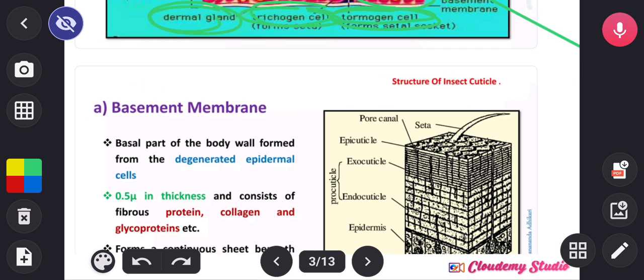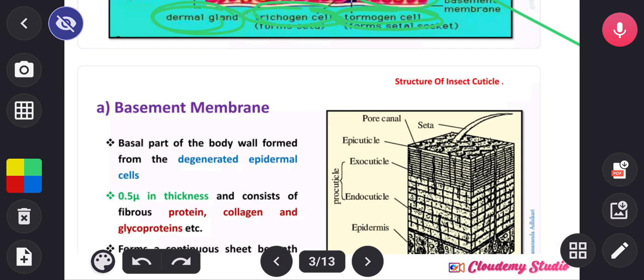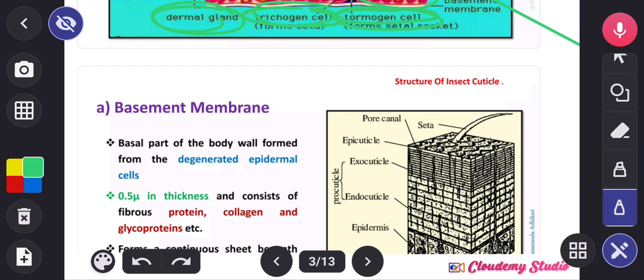Now let us talk about each part of the insect exoskeleton. The first one is the basement membrane. It is the basal part of the body wall, formed from the degenerated epidermal cells, and it is 0.5 micrometer in thickness.